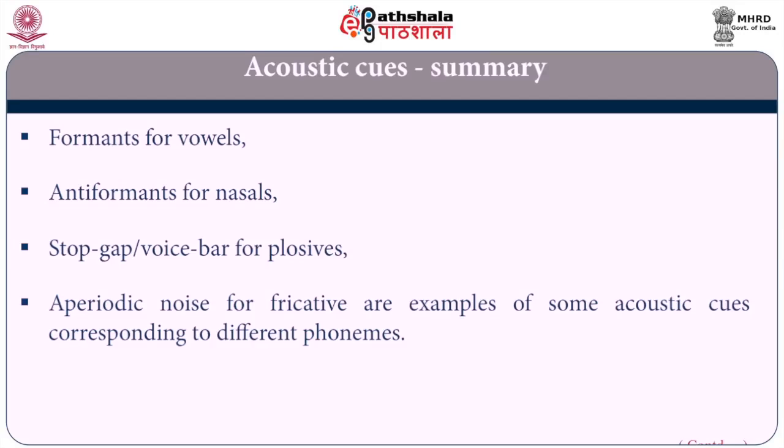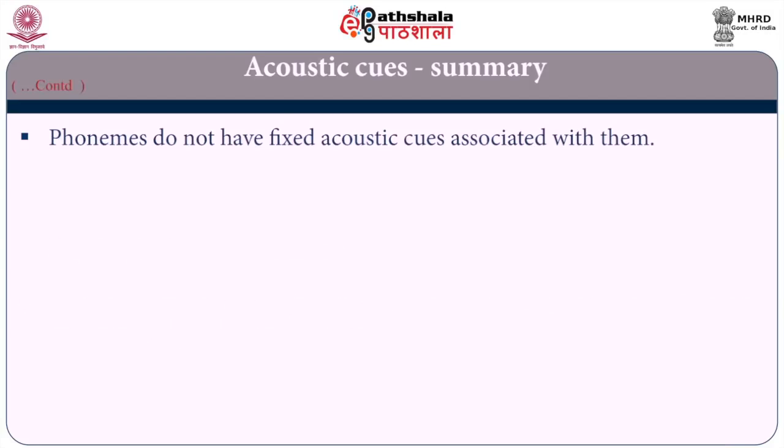These are only examples of some of the acoustic cues corresponding to different phonemes. But you must realize that each phoneme does not have one fixed acoustic cue. They are changing all the time. The acoustic cues are not fixed.